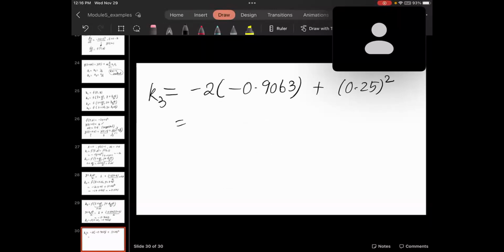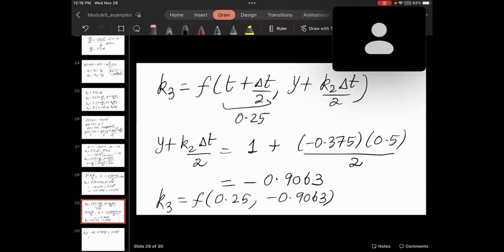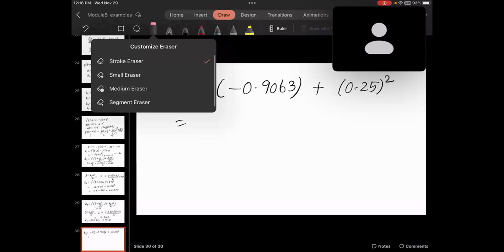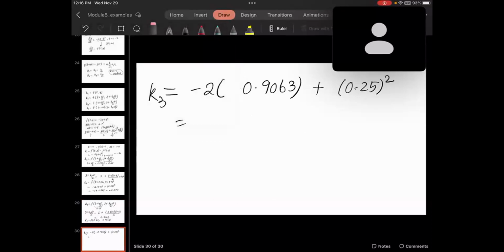Wait, did I get that right? No, I think this is plus 0.906. Yeah, it should be positive. So positive. All right. So this should be minus. Oops.